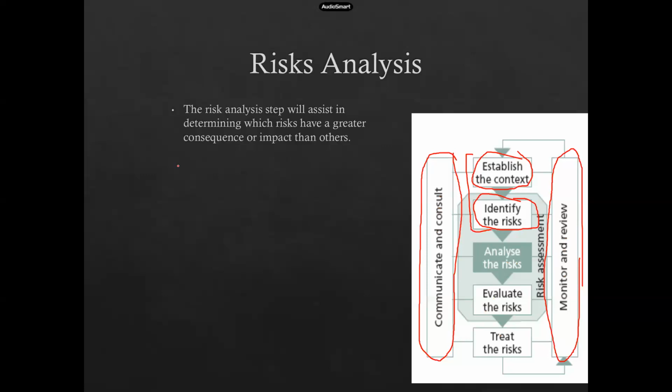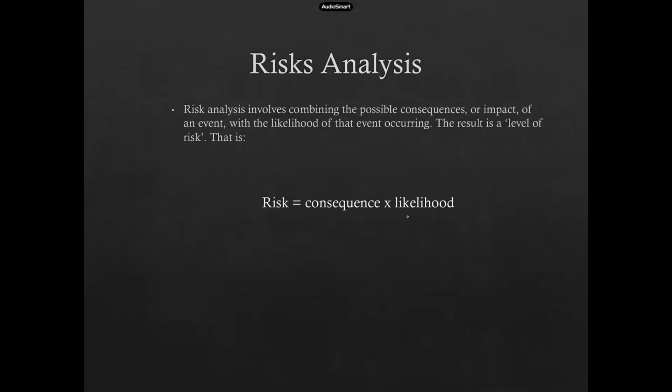Okay, moving onwards, in order to analyze and evaluate the risks, we need to understand that the risk is the product of consequences and likelihood. It's basically probability and impact. So the consequence is basically the impact, so we can state it as I, whereas the likelihood is basically the probability.